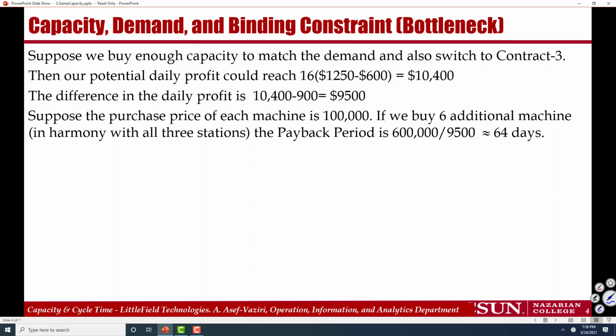And if the cost of each machine is $100,000, with this 9,500, suppose it is 10,000. If you buy 6 machines, you should pay $600,000.